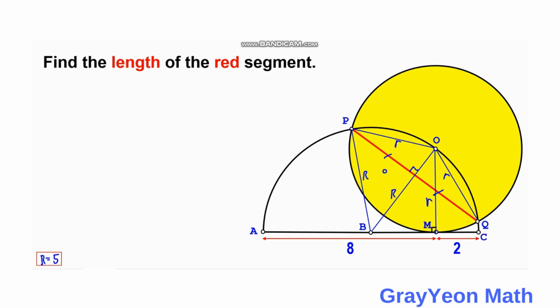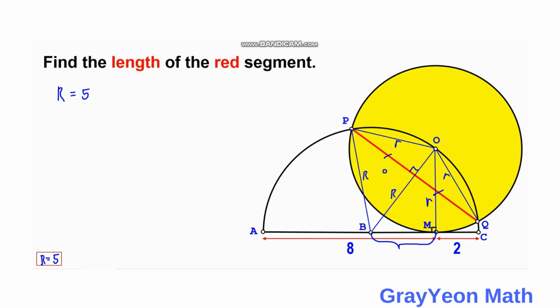Okay, so next we get this length BM. BM is simply a part of the radius of this semicircle. So the radius R is equal to 5.